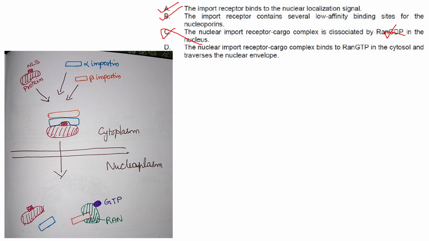So C is wrong. The nuclear import receptor cargo complex binds to RAN GTP in the cytosol. No, it doesn't. The import receptor cargo complex is formed in the cytosol, and RAN GTP binds when the complex enters the nucleus. So D is also not correct.